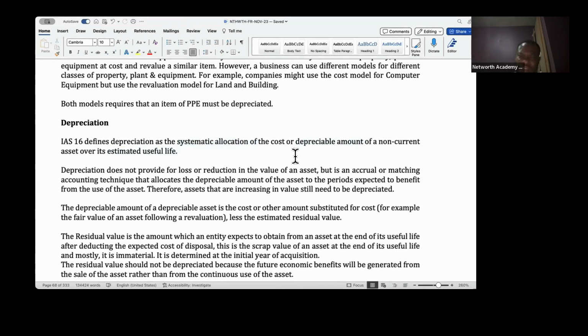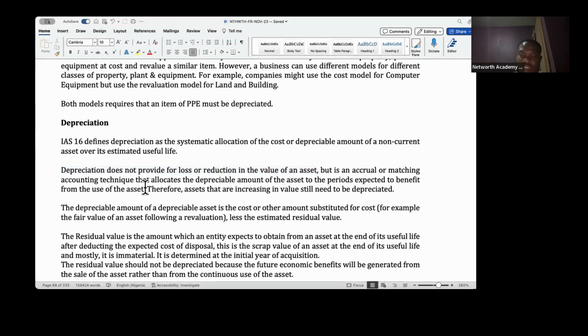Firstly, let me clear your mind around saying that depreciation provides for loss or reduction in the value of an asset. No, that is not what depreciation is. Depreciation is just an accrual and matching accounting technique that allocates the depreciable amount of the asset to the period expected to benefit from the use of the asset.